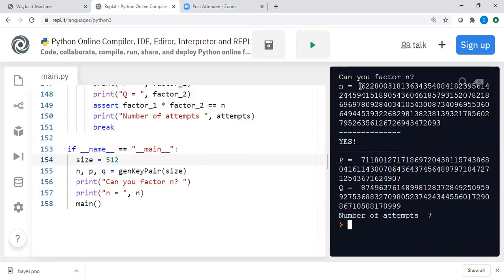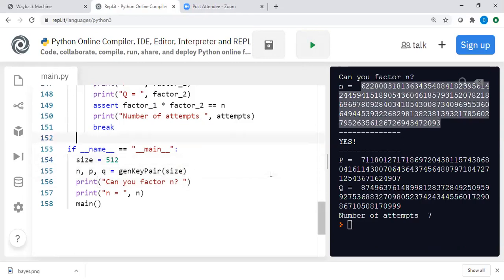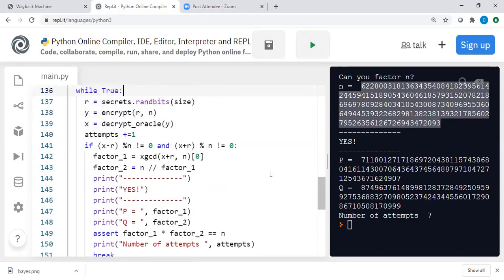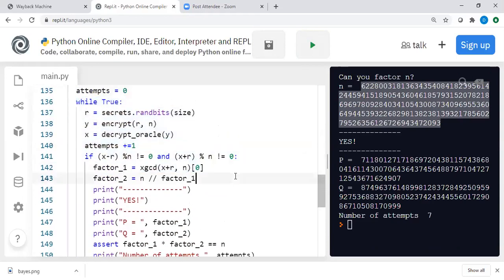So the challenge is this: you're given a number n to factor, right? And it's asking, can you factor n? And the attacker Eve is doing this portion of the computing, right? Generates a random number R, encrypts it, submits to the decryption oracle, checks whether the reply X she gets back from the decryption oracle is different from R or minus R, right?